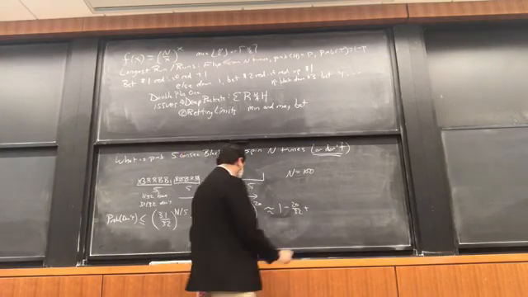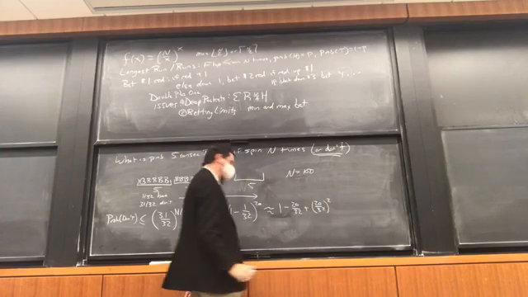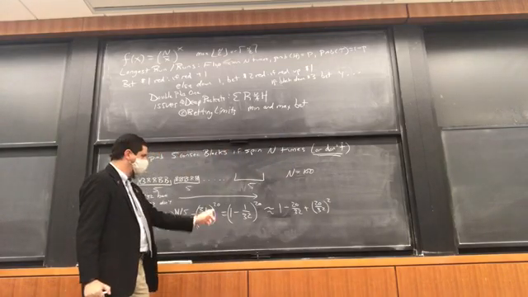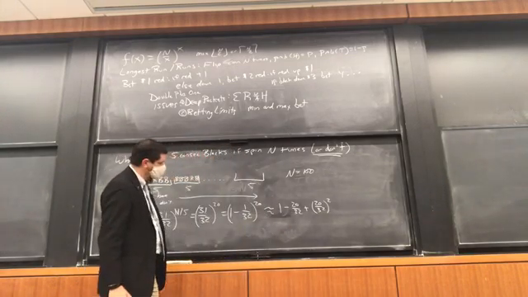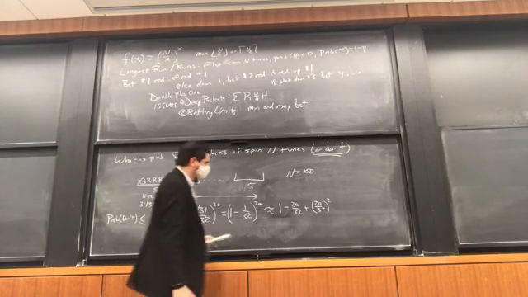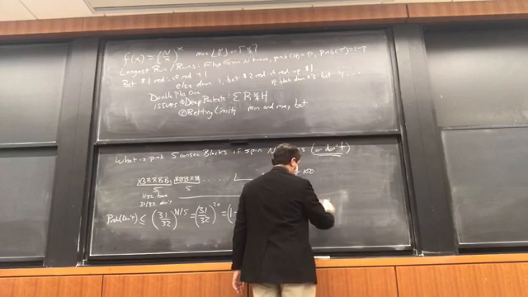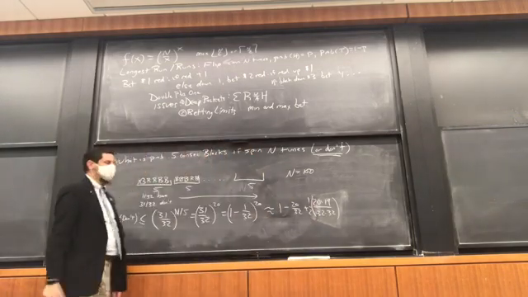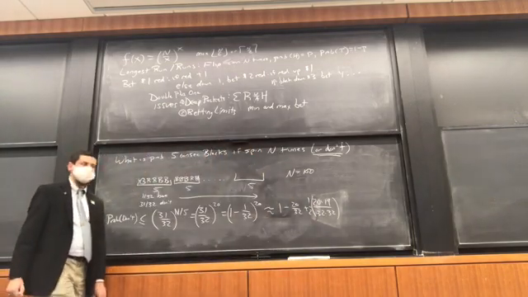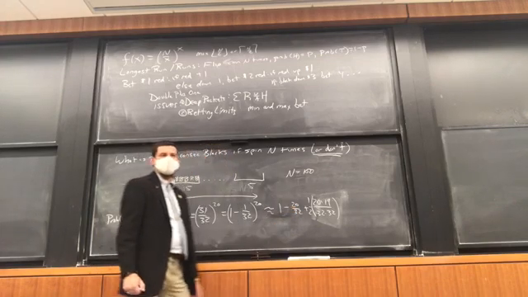Then the next term would be 20 choose 2 over 32 squared, that's approximately 20 times 19 over 32 times 32 times the 1/2. The smaller this is, the better approximation this is going to be. But you can already see that it's going to be a little bit more than that.